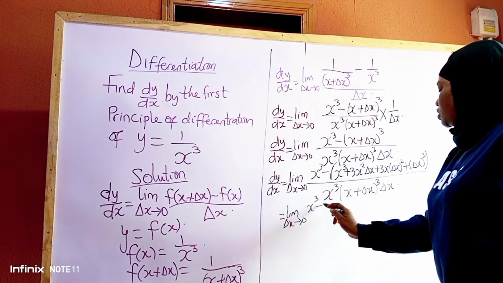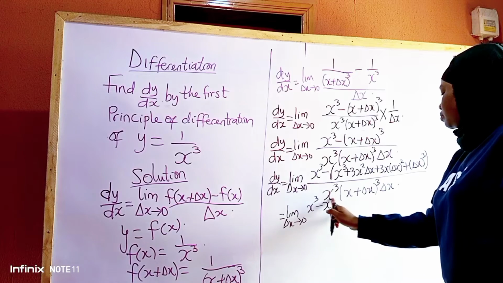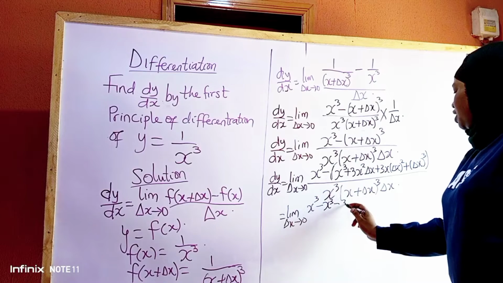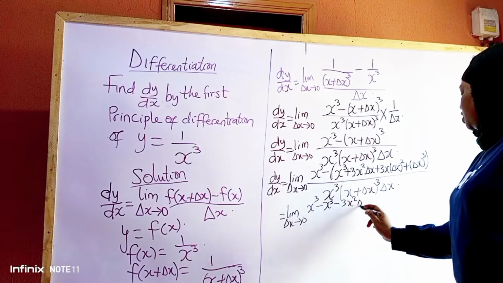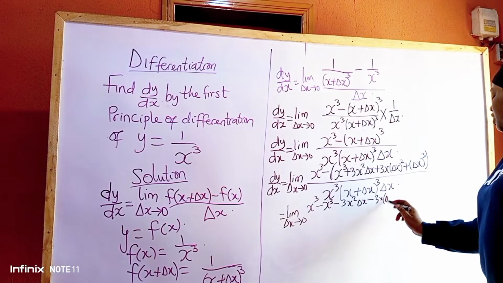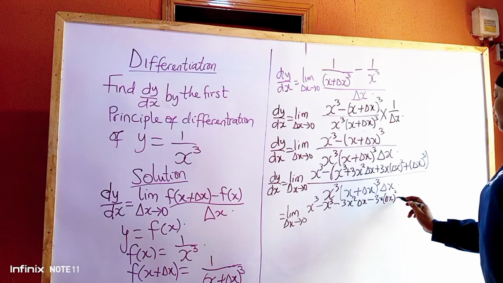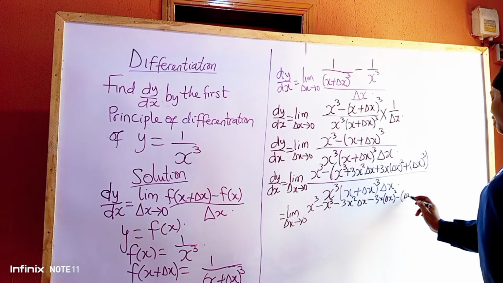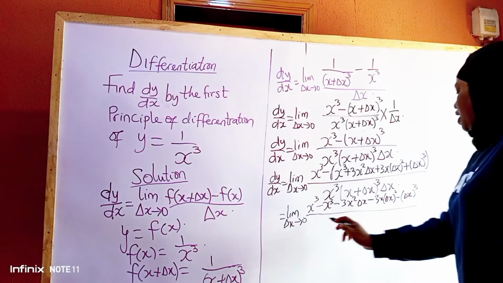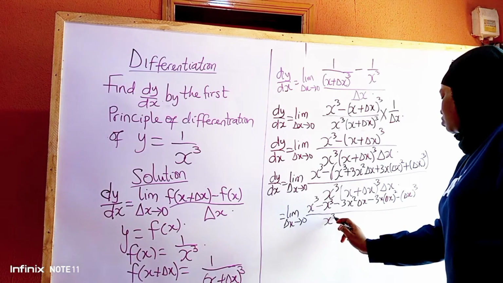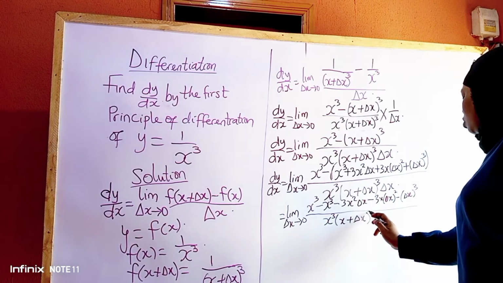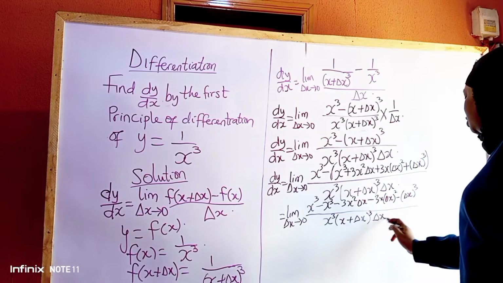So I have minus x cubed minus 3x squared change in x minus 3x change in x squared minus change in x cubed. Everything over x cubed into brackets x plus change in x cubed multiplied by change in x.